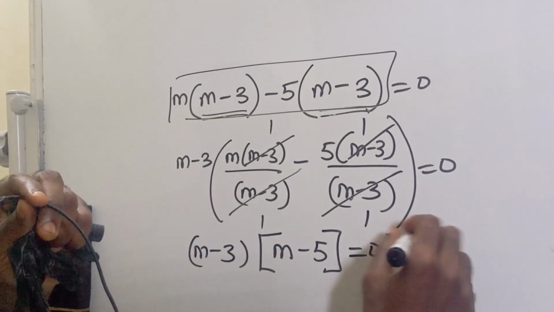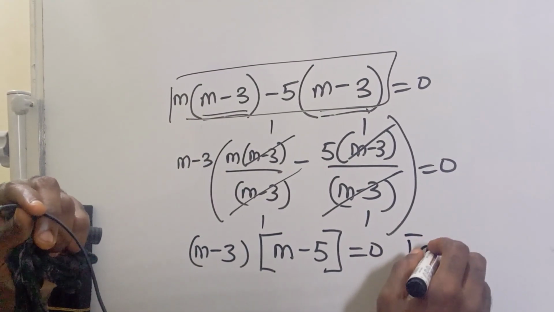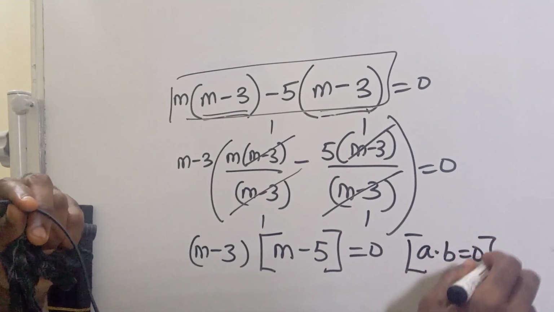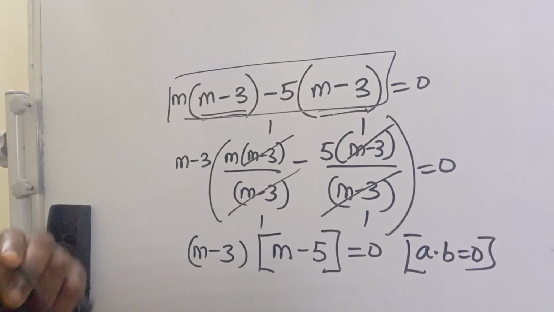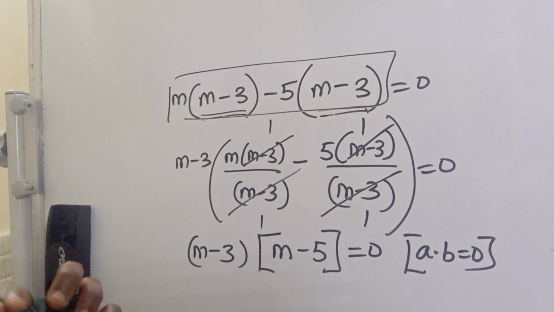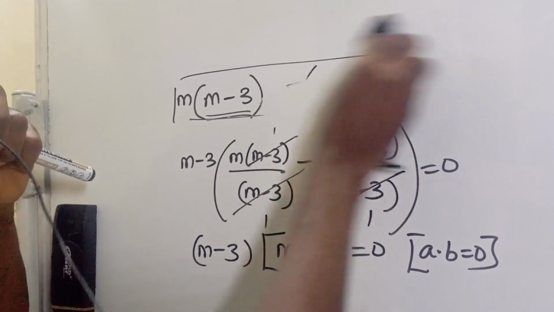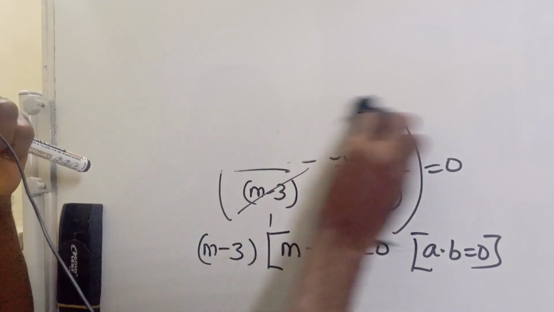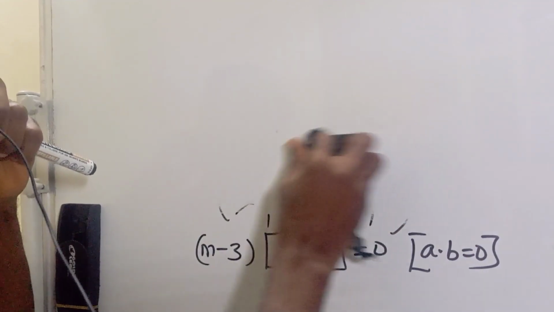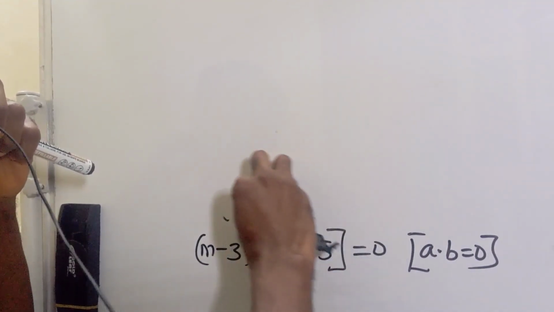We should remember that if we have a times b equals to 0, what this implies is that either a or b should be 0 before that condition is satisfied.